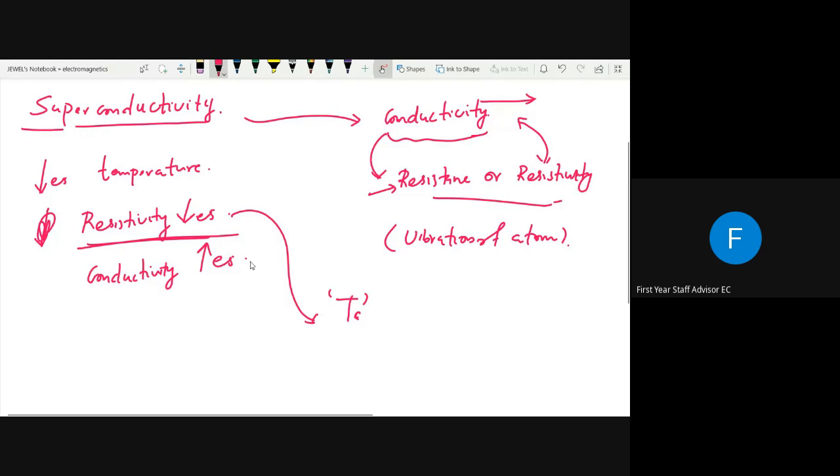That means the material freezes. We can say the atoms freeze and the vibration stops. And now after some temperature, it will get an infinite conductivity or very high conductivity.